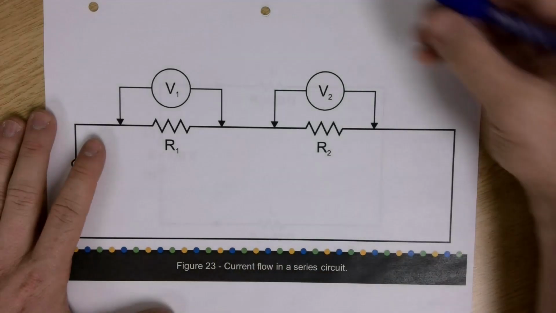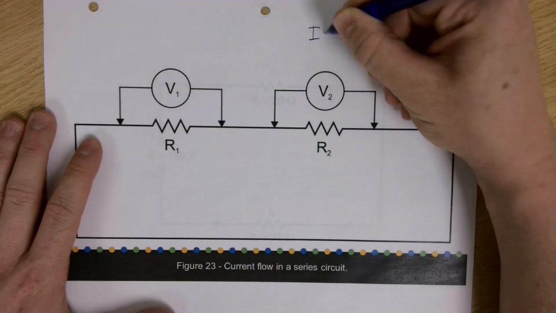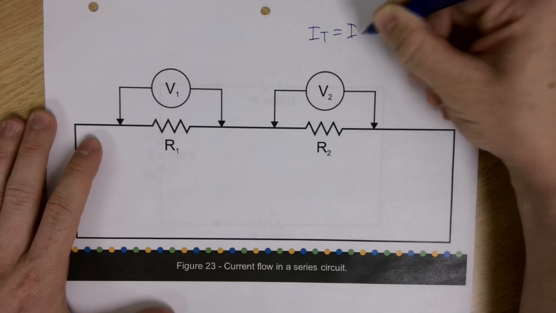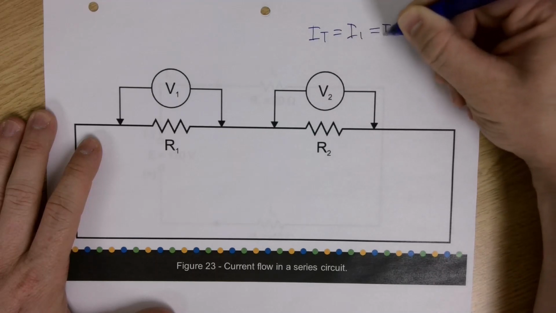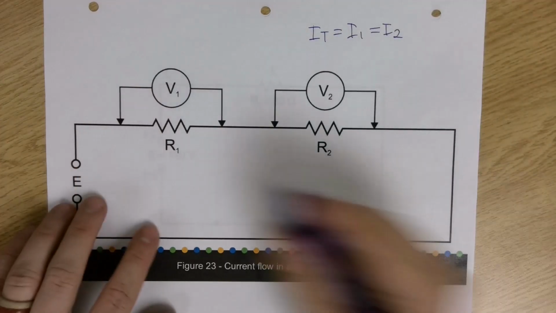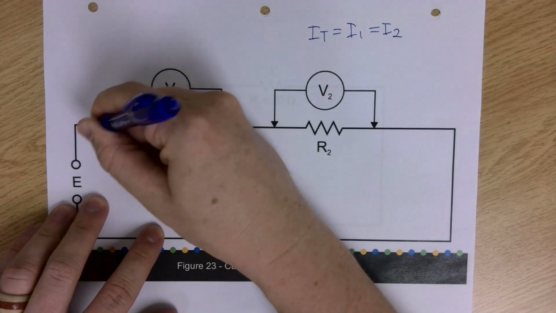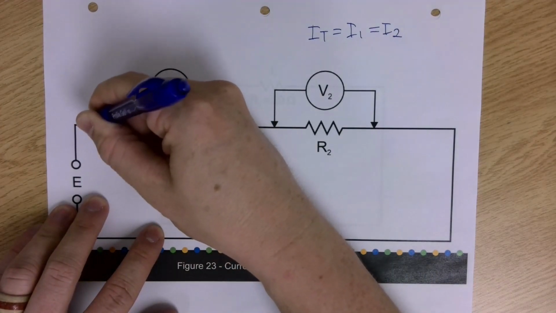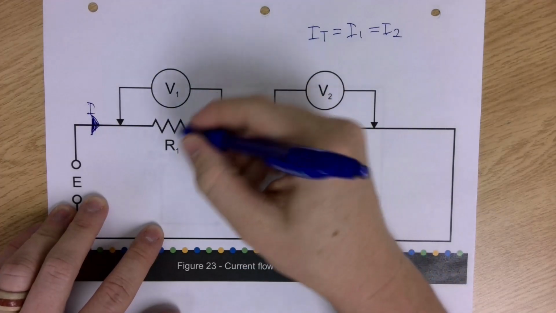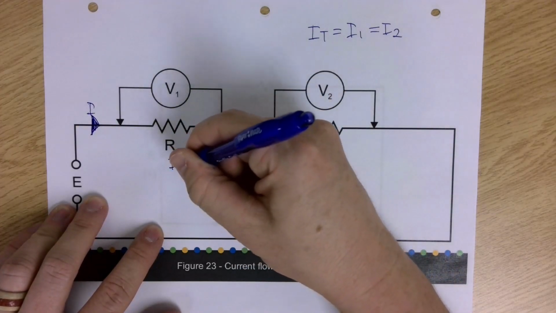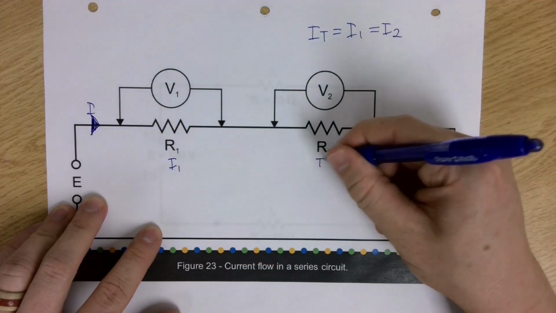So if you remember, I total equals I1, which equals I2, right? So our current here is the same as our current here at I1, which is the same as our current here at I2.